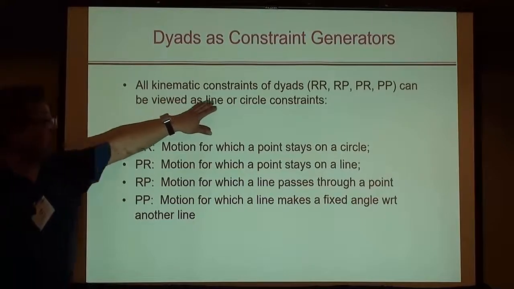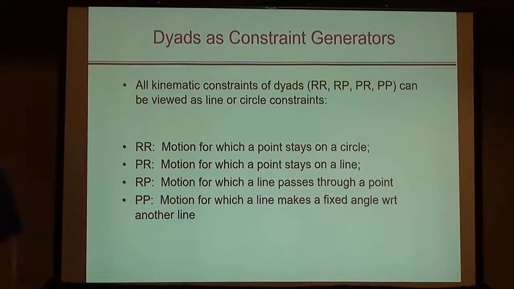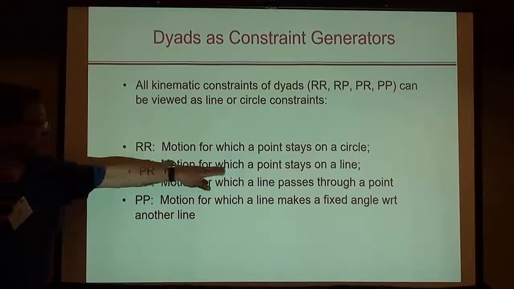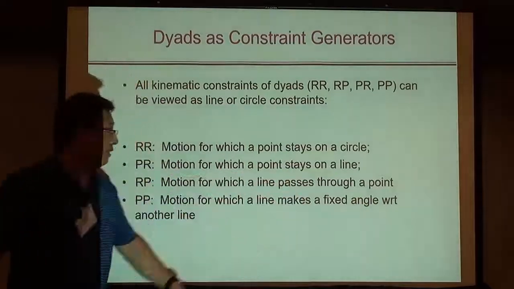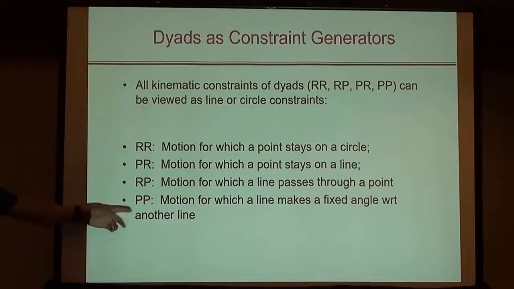All kinematic constraints of dyads can be viewed as line or circle constraints. Either a point stays on a circle, or a line has to be tangent to a circle, etc. So RR is a circle constraint; PR is a motion for which a point stays on a line; RP is a motion for which a line passes through a point; and PP, the angle between two lines remains the same.